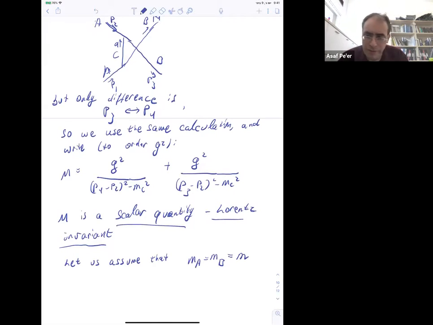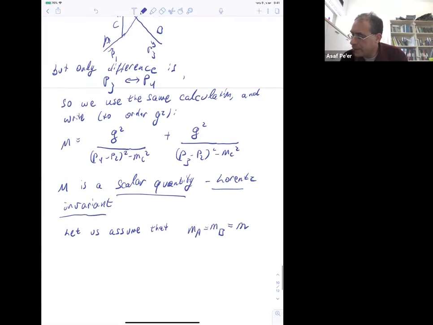They're still different particles. They simply happen to have the same masses. In that case, what will be the mass of the C particle? Well, if MA is to be able to decay to B and C, that means that MC must be equal to 0.